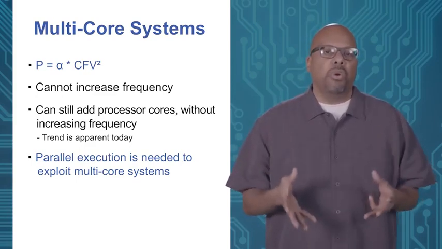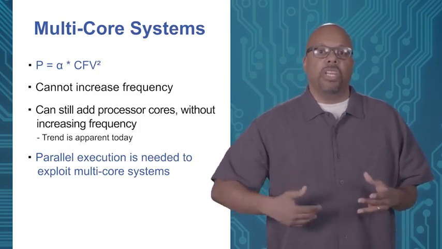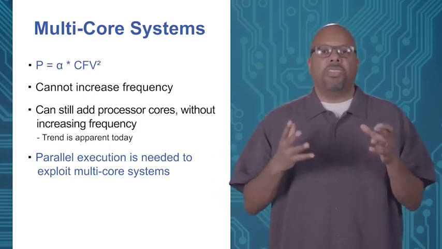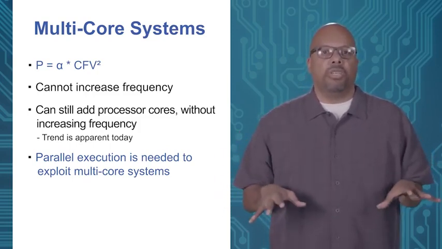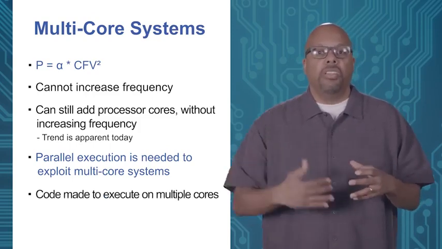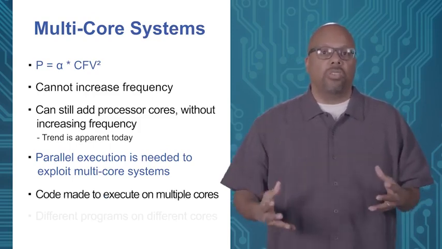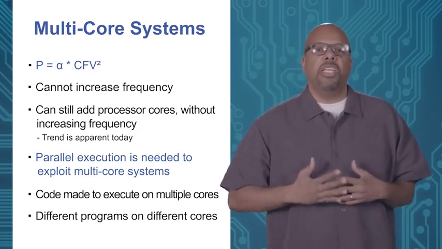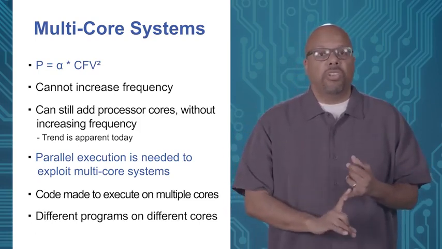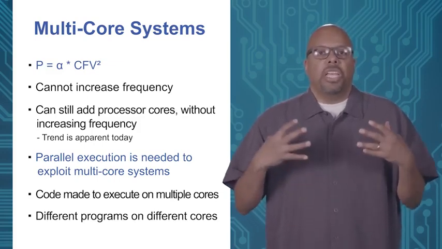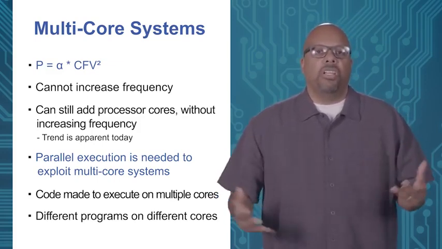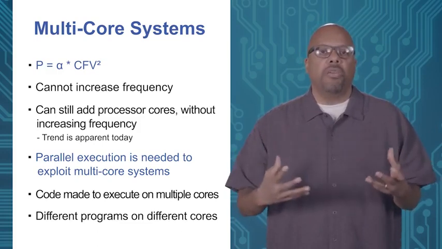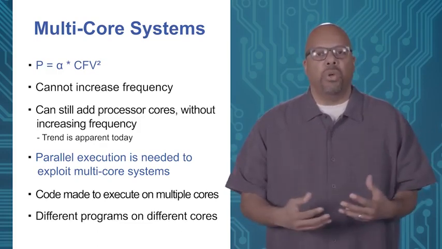So in order to exploit these multi-core systems and get speedup, you have to be able to take your program, divide it amongst a bunch of cores, and execute different code concurrently on the different cores. This is where parallel execution becomes necessary. In order to keep achieving speedup in the presence of multi-core systems, you need to be able to write concurrent code to exploit this parallel hardware.